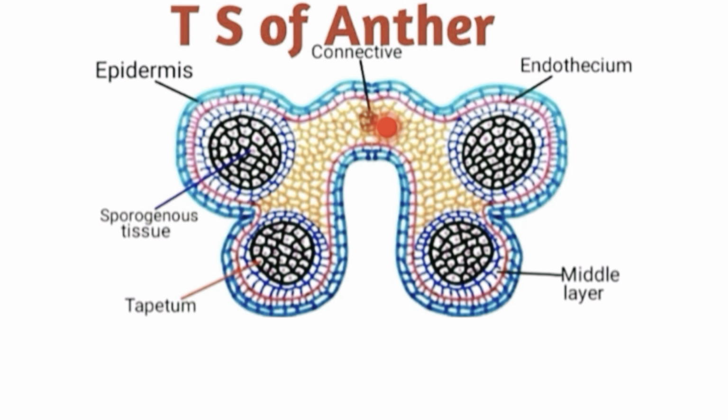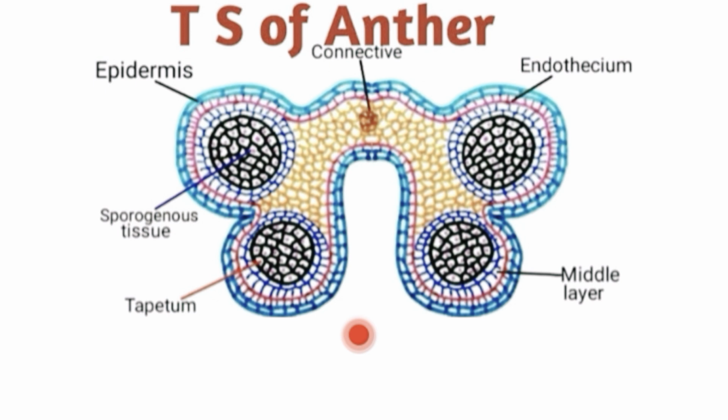But before going to see these wall layers, let us understand where these layers are arising from. Actually, the complete immature anther has parenchymatous tissues, and these parenchymatous tissues are surrounded by the epidermis.